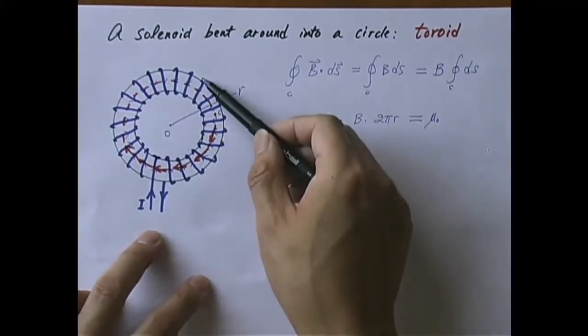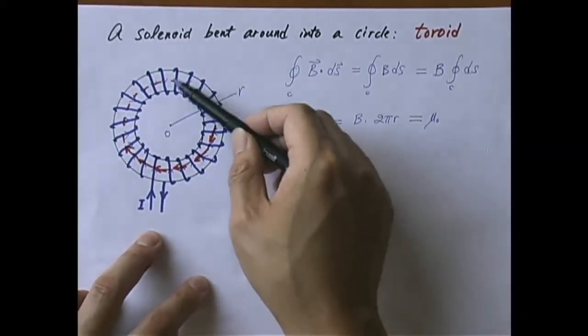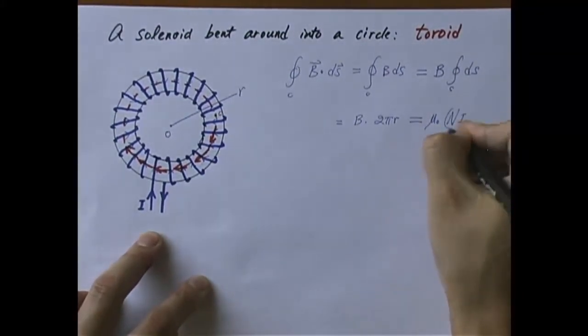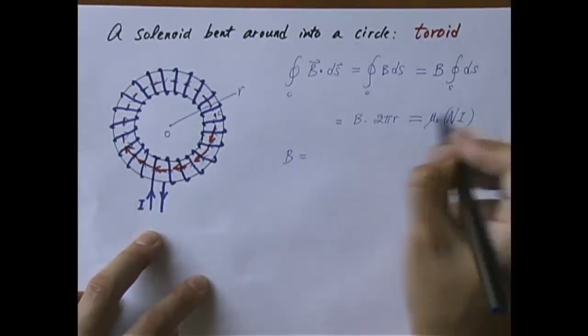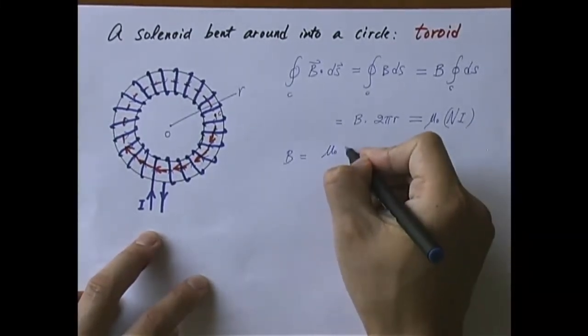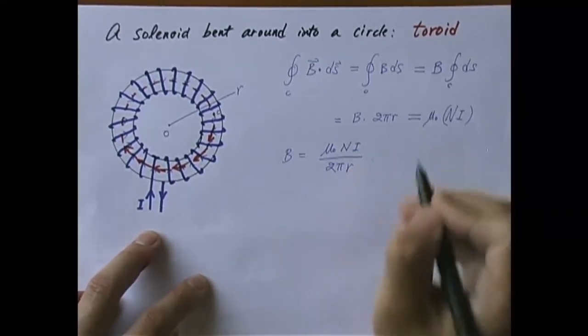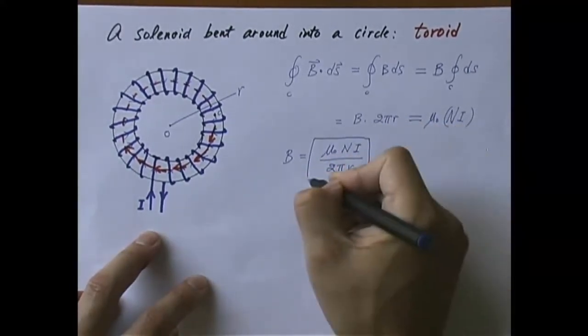Well, every time you have a little turn like this, it will penetrate once, right? Suppose there are a total of N turns. That will be N times I. So B therefore equals what? Mu naught N I over 2 pi r. That is the magnetic field in the interior of a toroid.